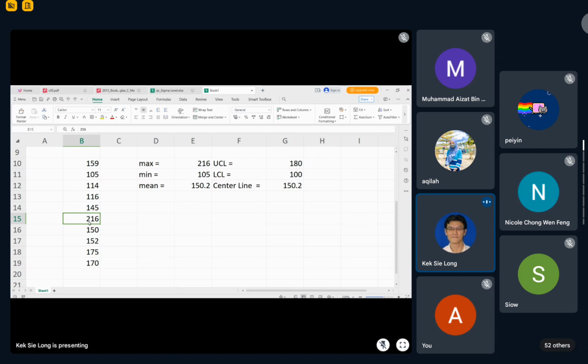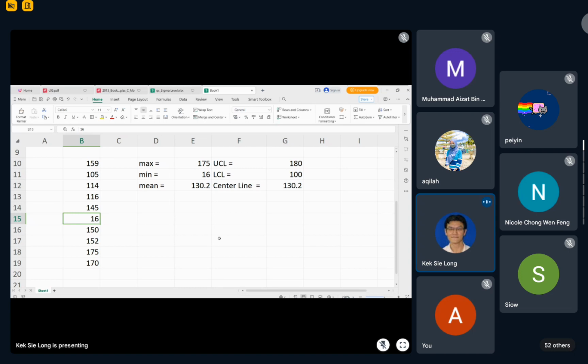What happens if it is smaller than the lower control limit? Let's say 60. So you see, 60 is smaller than the lower control limit. And then the original mean of 140.2 will reduce to 130.2.